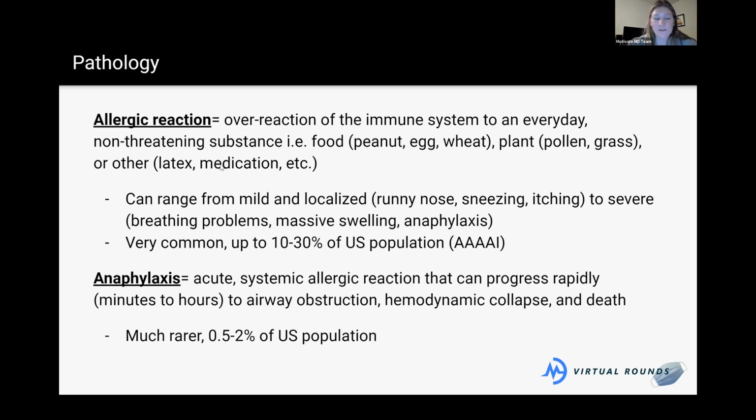Allergies in themselves, especially hay fever or allergic rhinitis, are very common in the US. It's estimated that up to 10 to 30% of the US population has suffered from allergies to some degree.